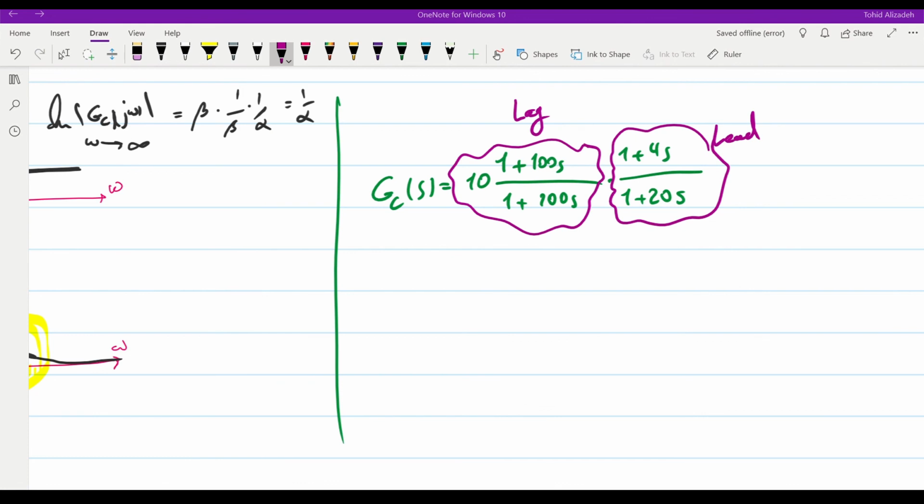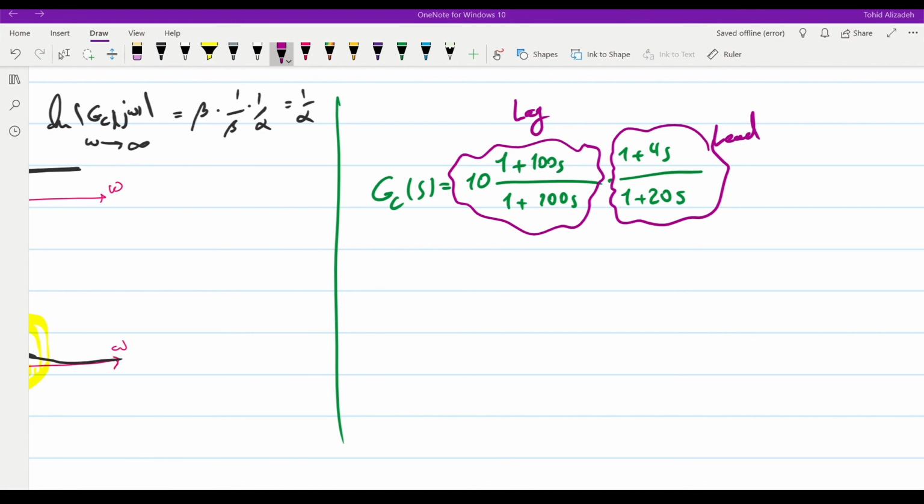So again, you can see that with the lead lag or practical PID controller, we can improve the transient behavior around the crossover frequency by injecting some positive phase, and we can improve the steady state behavior by injecting some gain into the system at the low frequencies.